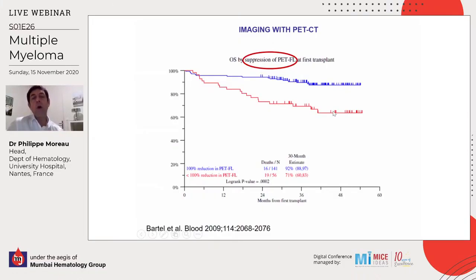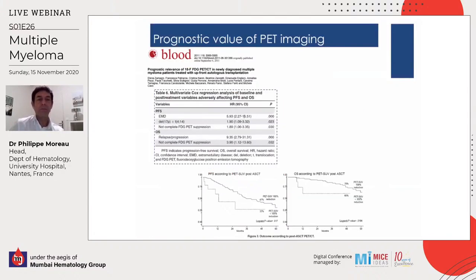In this study, all patients were treated with total therapy with a tandem stem cell transplantation. But Bart was the first to identify PET as an important tool to predict overall survival for patients treated very aggressively. The data from Bart were, as you know, confirmed by the Italian group from Bologna.